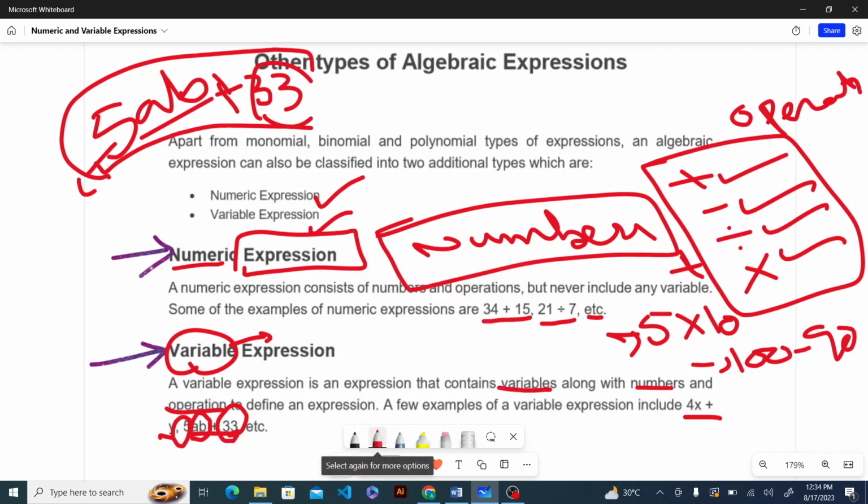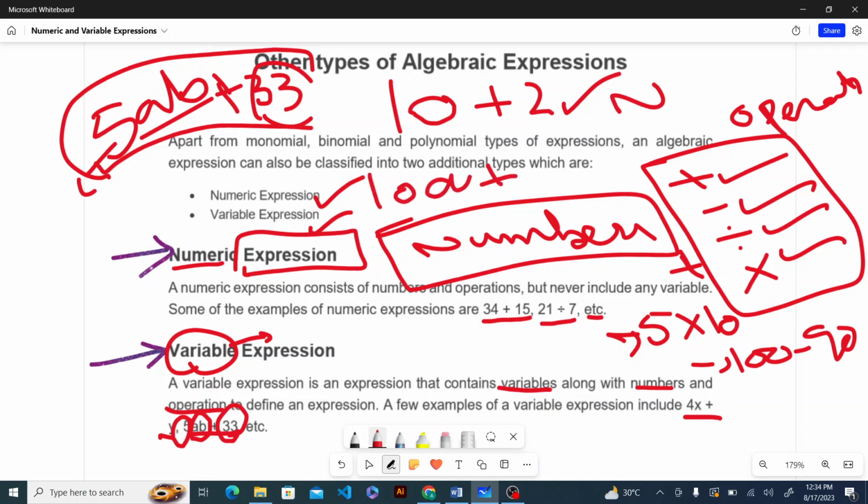If this example was like this, 10 plus 2, this will be called numeric expression, numeric. And if it is like 10a plus 2, it will become variable expression, because here variable is included in it. So simply, as simple as that, if only numbers are included in operations, then it will be numeric expression. Otherwise, if variable is included, then it will be called variable expression.